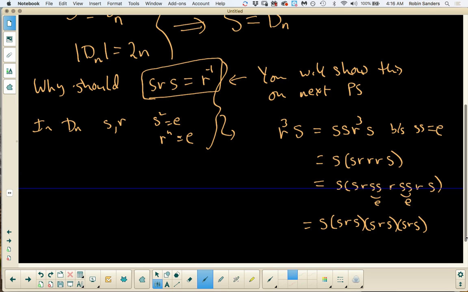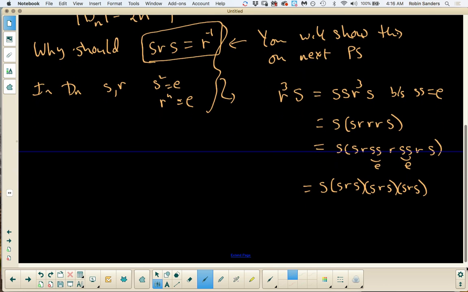And if you think about that, what does that say? Well, that's going to be an S times an R inverse times another R inverse times another R inverse. And that would be S times R to the minus 3.